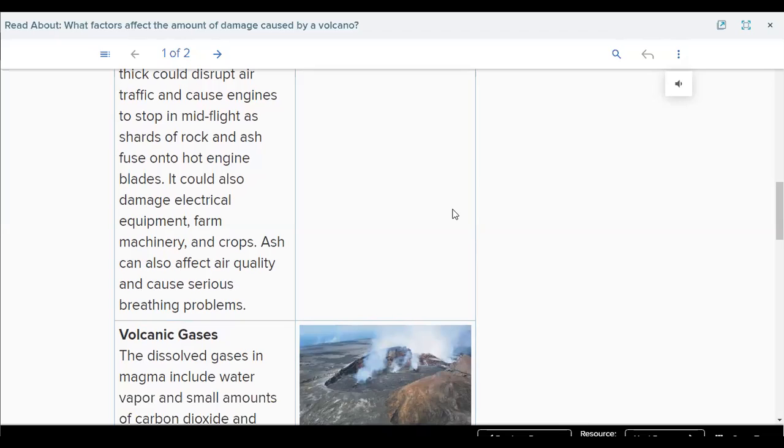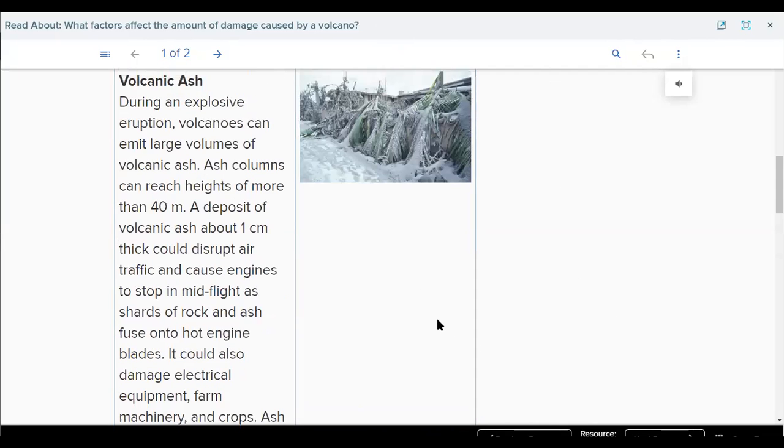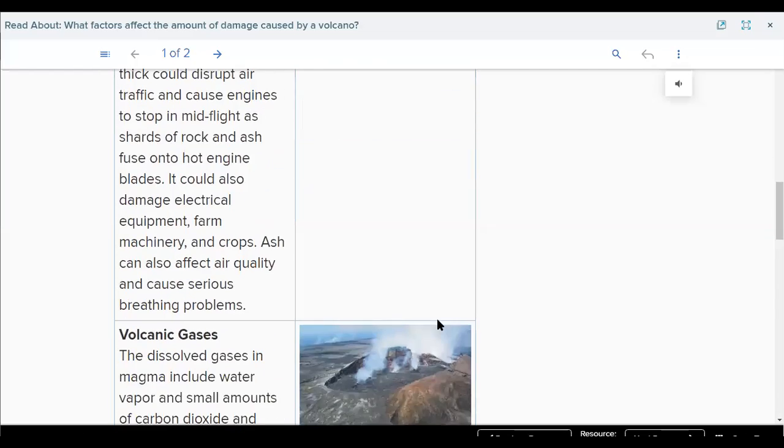Ash can also affect air quality and cause serious breathing problems. So we can't breathe in an area that has a volcano. All these are harms and hazards produced from a volcano, in any area that has a volcano. Understand me? It's called volcanic ash.